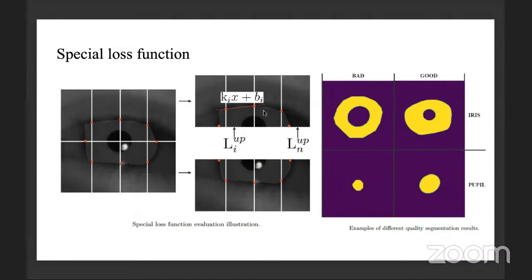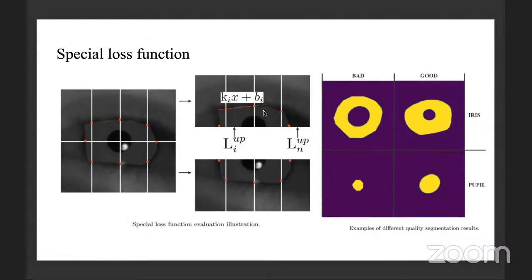After we have done this specific procedure, we have a figure which consists of parts of straight lines, and this figure is actually a really bad, rough segmentation of an image.